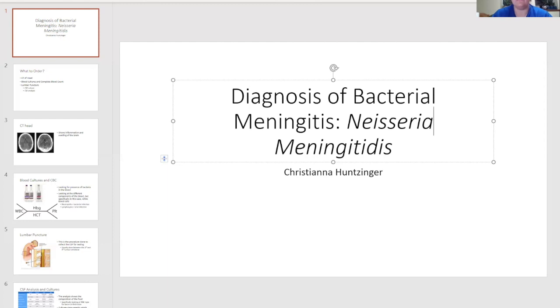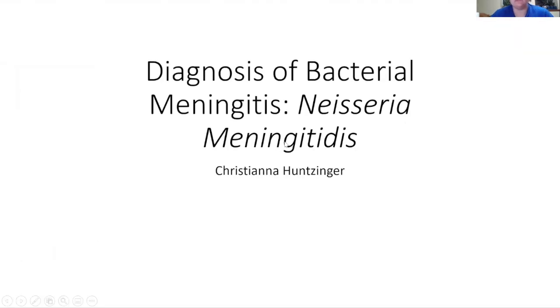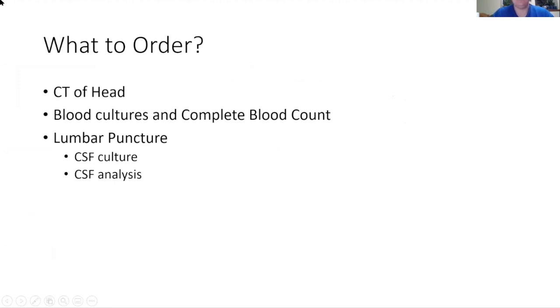So in this portion of the video, we'll be going over the diagnosis of bacterial meningitis, specifically with Neisseria meningitidis. So when a patient comes in with symptoms, which they have probably Googled already, what do you order? First, you probably want to order some blood work, so specifically blood cultures and a complete blood count, otherwise called a CBC.